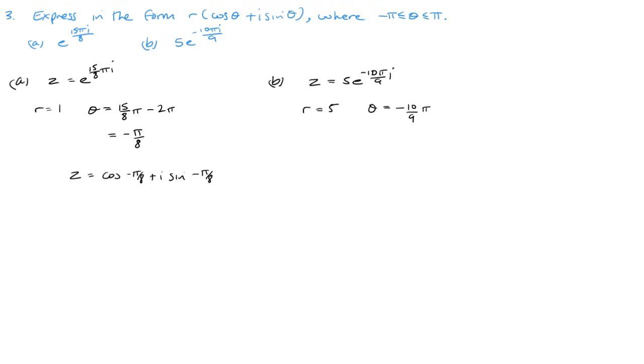So this time, instead of subtracting 2 pi, we're going to add 2 pi. And that's going to give me 8 over 9 pi. And now that is within my range. So z equals 5 brackets cos 8 pi over 9 plus i sine 8 pi over 9. And there we have question 3 complete.